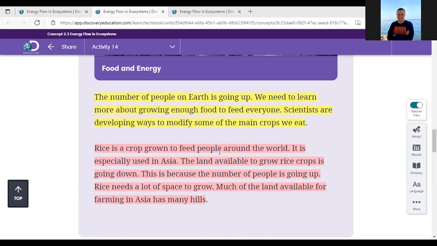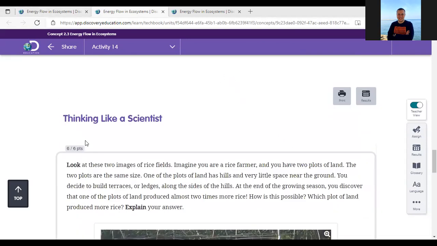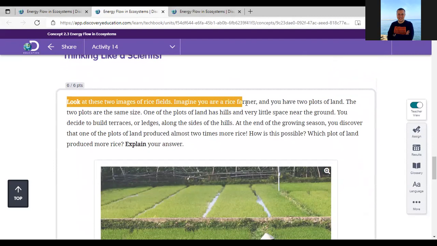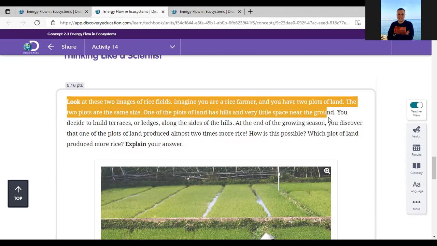Okay, guys, so now let's go on and see what this activity will ask us about. Thinking like a scientist. Look at these two images of rice fields. Imagine you are a rice farmer and you have two plots of land, two pieces of land. The two plots are the same size. One of the plots of land has hills and very little space near the ground. You decide to build terraces or ledges.